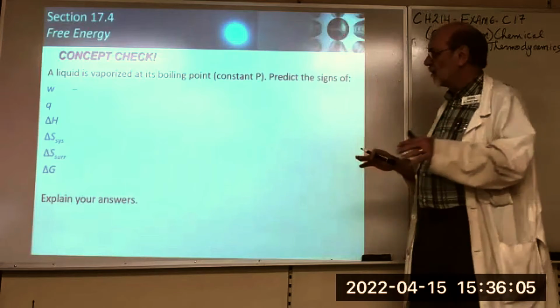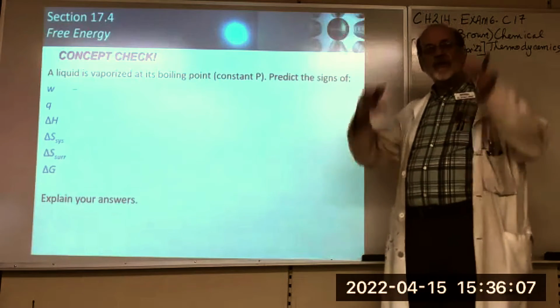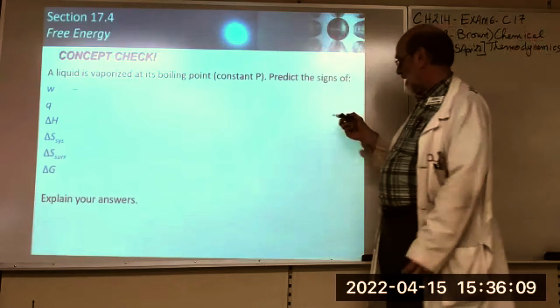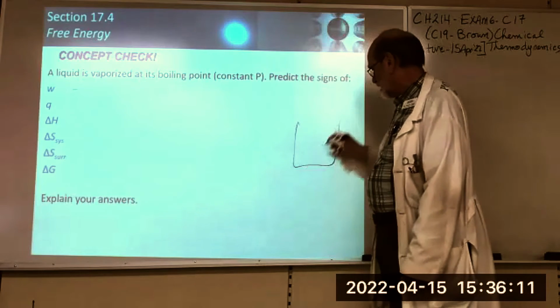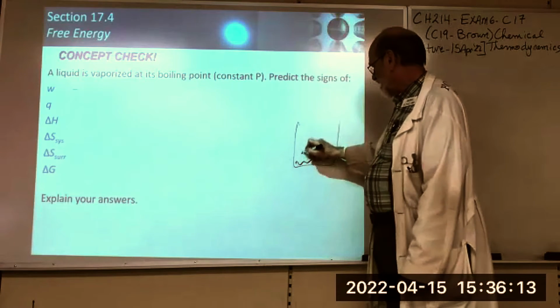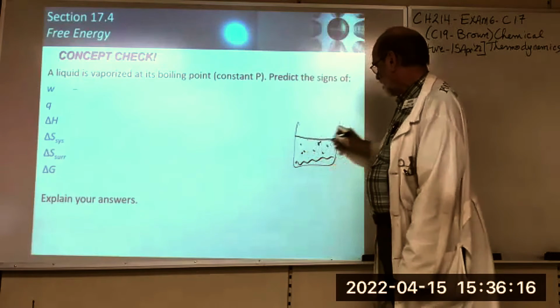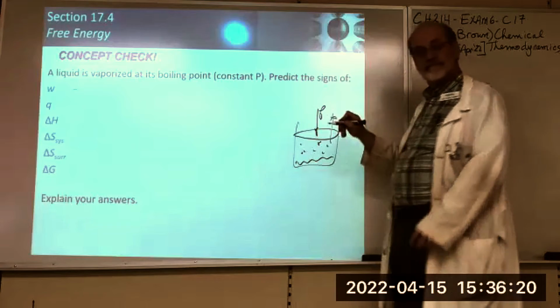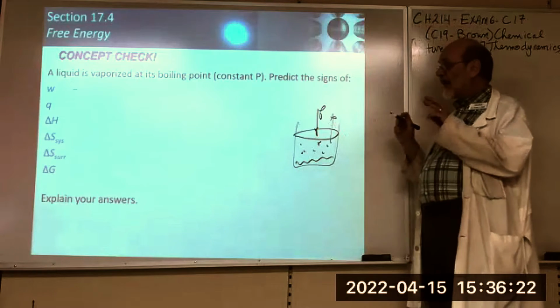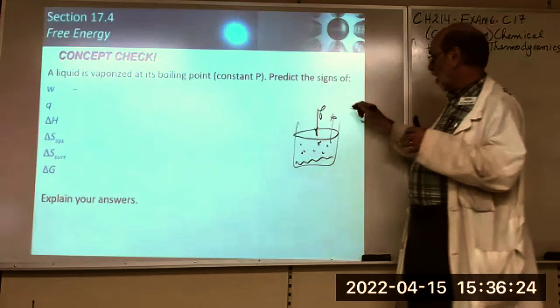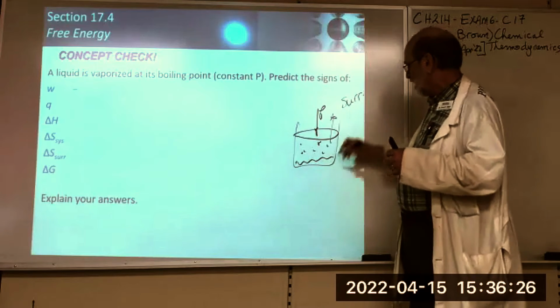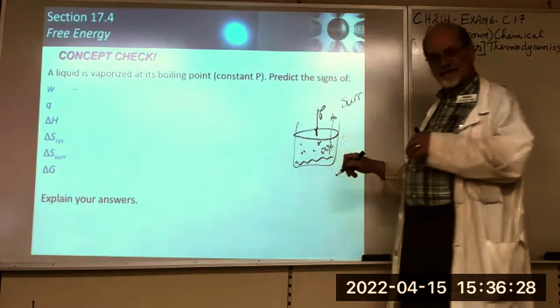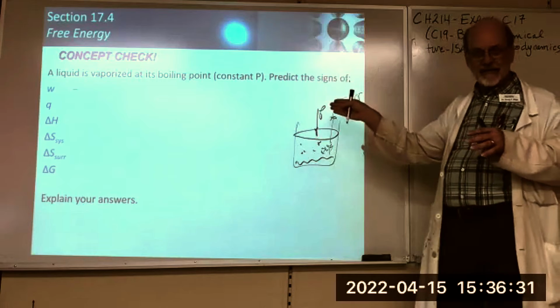Work is being done on the surroundings. As we vaporize that liquid and make vapor up here, that piston under constant pressure has to go up. So we are doing work on the surroundings, and this is the system. That's why W is negative.